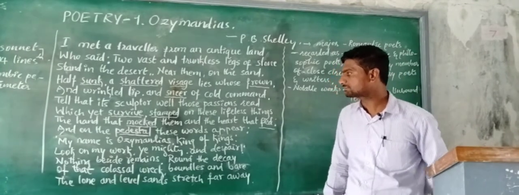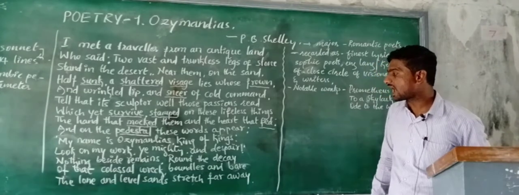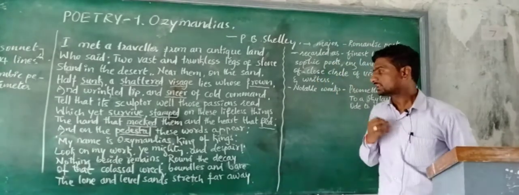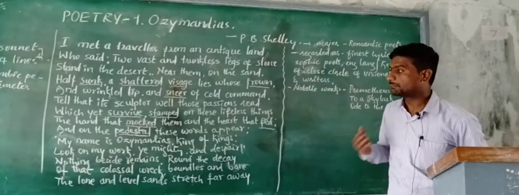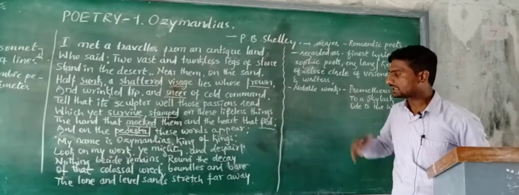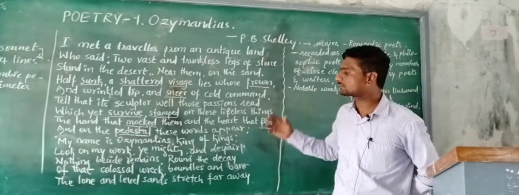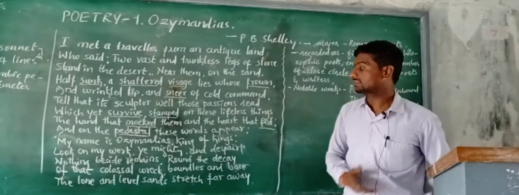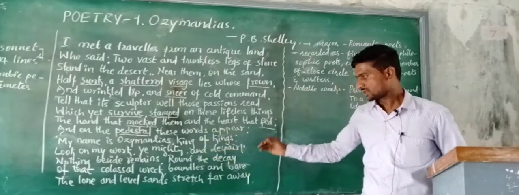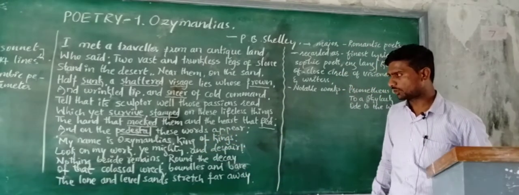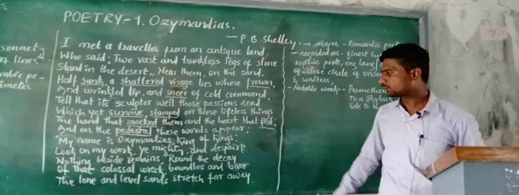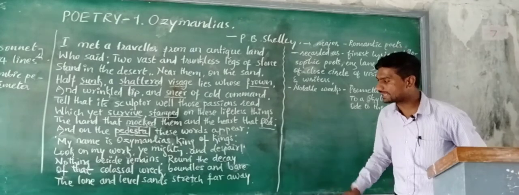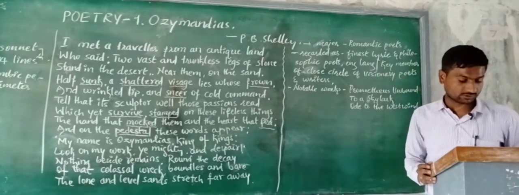The hand that mocked them and the heart that fed, and on the pedestal these words appear. My name is Ozymandias, King of Kings. Look on my work, a mighty, and despair. Nothing beside remains. Round the decay of the colossal wreck, boundless and bare, the lone and level sands stretch far away.